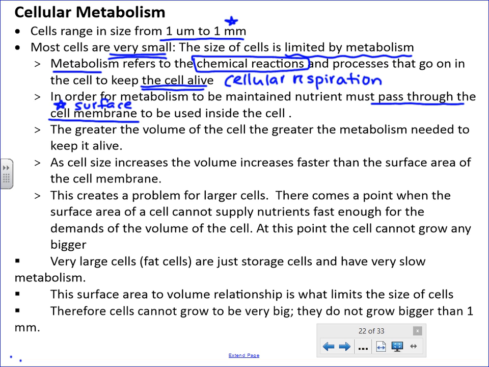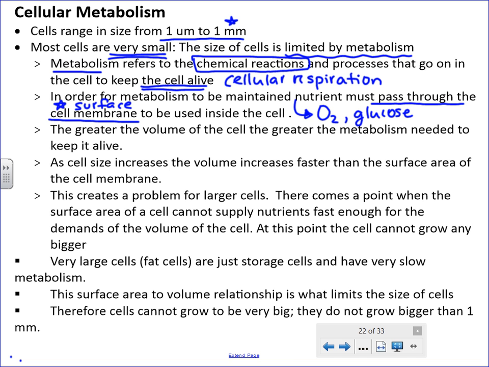Now, examples of nutrients that have to get into the cell would be oxygen or glucose if we're talking about cellular respiration. Cellular respiration can't happen unless oxygen and glucose are getting into a cell. And it needs to keep on entering the cell continuously. As soon as we run out, cellular respiration can't happen anymore.